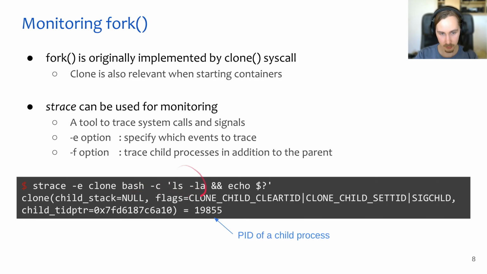Bash is then supposed to fork an ls process, and strace will actually print the syscall that bash does to spawn this process with all the arguments and the return value. And here we see that bash indeed gets the PID of the child ls process back.